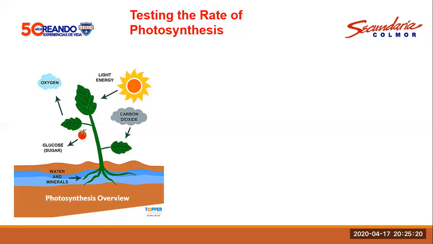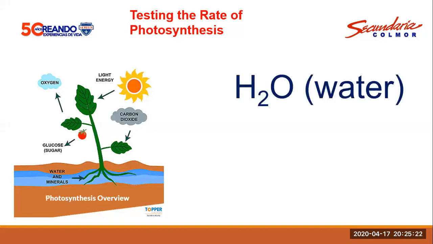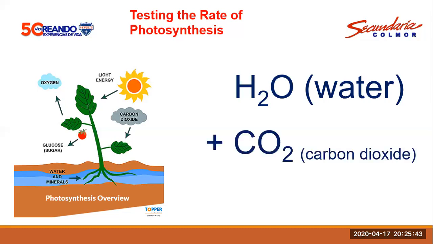Here we have the formula of water: 2 atoms of hydrogen and 1 atom of oxygen combine to form water, the water underground. Then what's the formula for carbon dioxide? 2 atoms of oxygen and 1 atom of carbon.